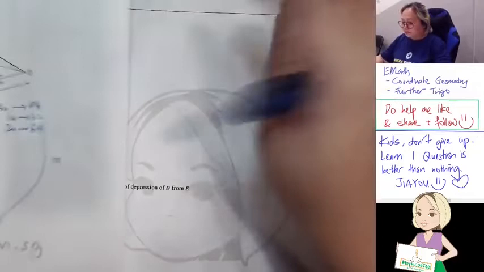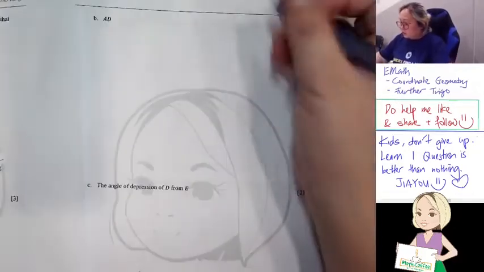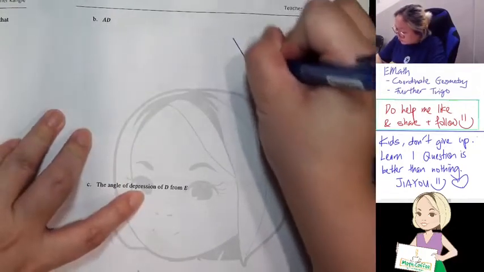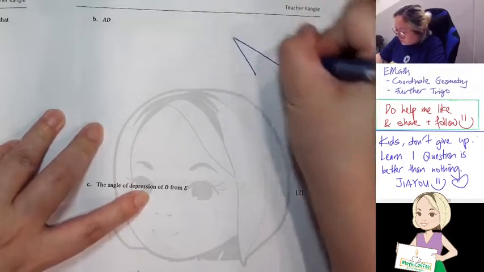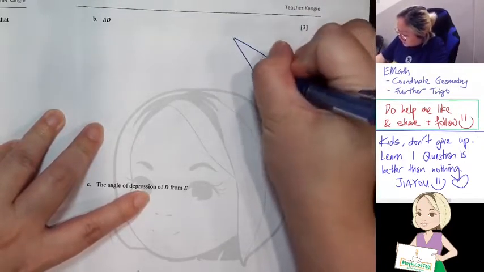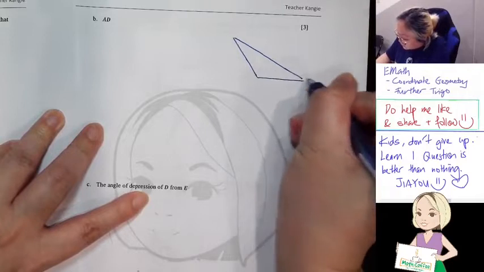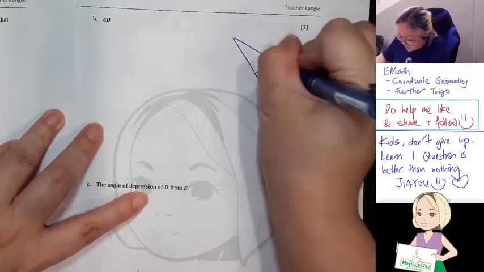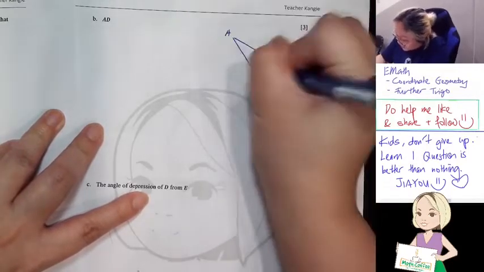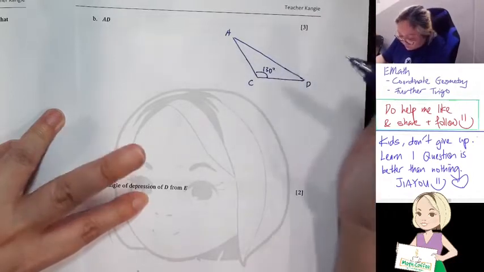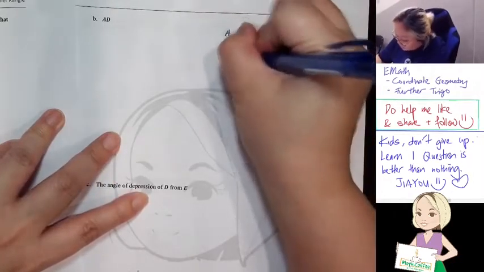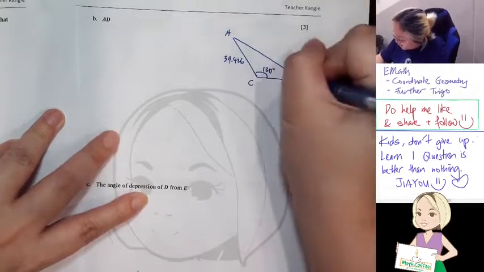Okay, I'm just going to draw this triangle here so it's easier for you to refer. My diagram might not be exactly the same as the one in front, just for estimation only. So this was the 130 degrees, A, C and D. So this was 39.426, this was 32.